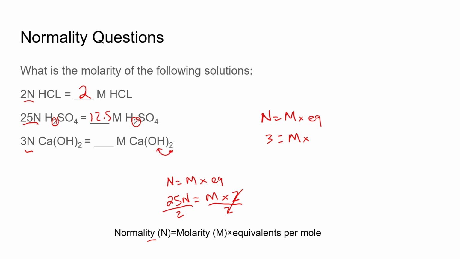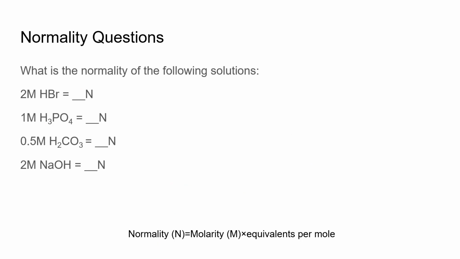So in these problems, you're always looking for how many hydrogens or how many hydroxide groups. This is a hydroxide group, this is a hydrogen. So there's 2 of those. In order to isolate the variable here, we're going to divide by 2. 3 divided by 2 is 1.5 molar.